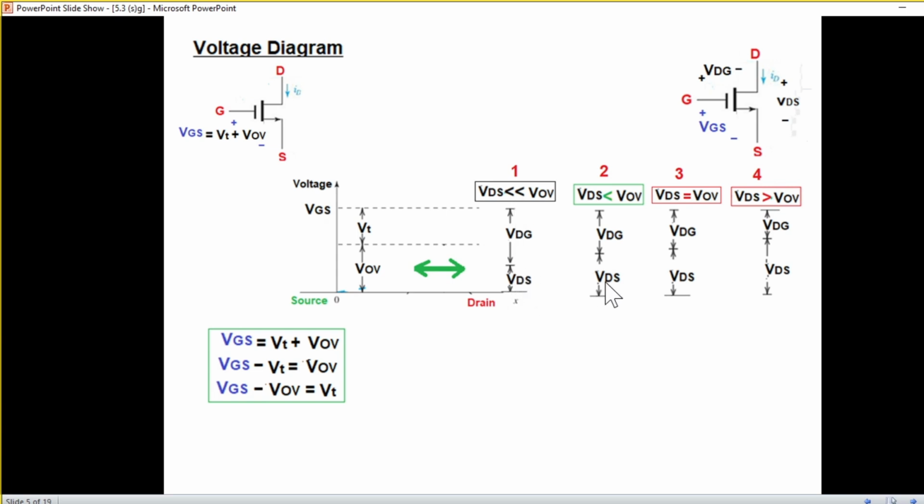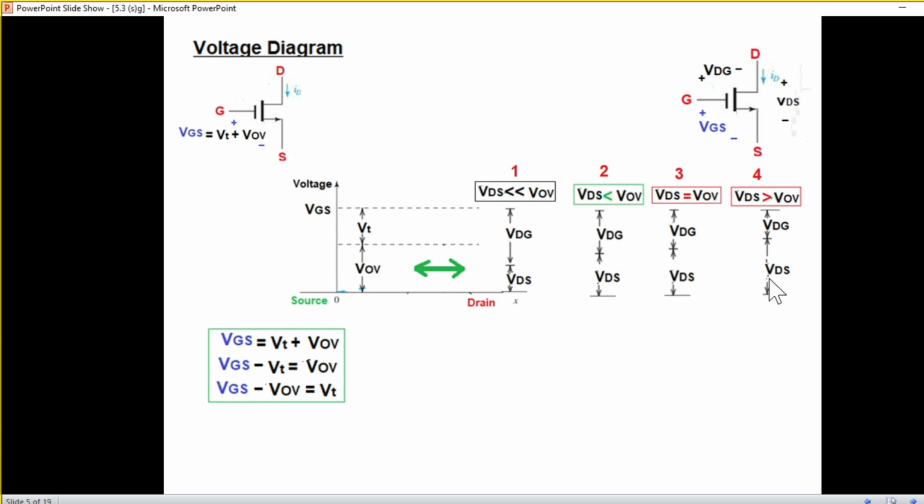The other case is that we have increased VDS, but it is still less than VOV. So VDS is less than VOV, and so VDG is still greater than VDS. The third case could be that they are equal, or VDS is equal to VOV.